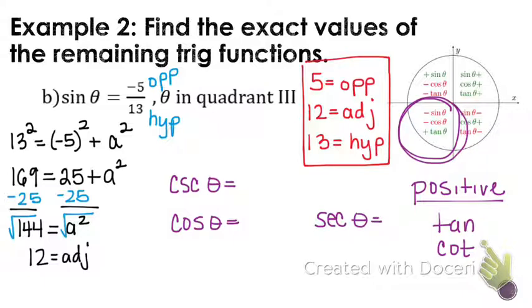And then we need to find tangent, and the sister to tangent, which is cotangent. Okay. So we know sine. So the easiest to find would be cosecant. So we're going to take that sine and flip it. So instead of 5 over 13, it becomes 13 over 5.